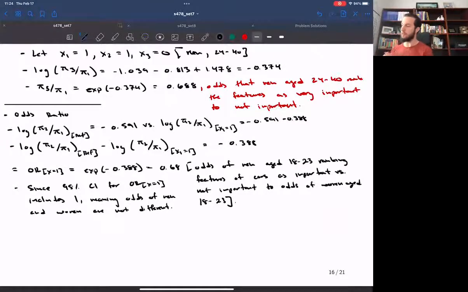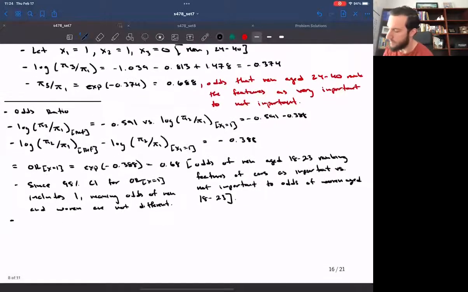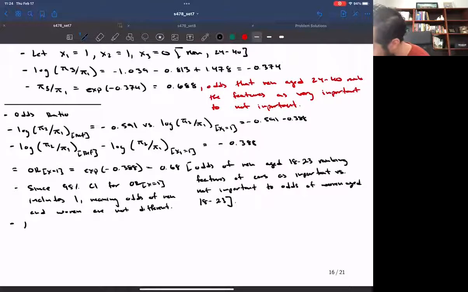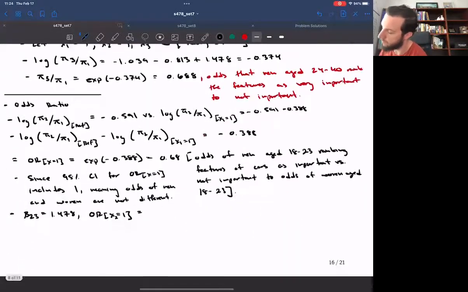And then similarly, just for illustrative purposes, let's suppose that we can do this for all of the different groups and every single coefficient is with respect to that reference level. So for example, let's say we took beta 2, 3. This is equal to 1.478. Then the odds ratio here is with respect to x2 equal to 1, which is equal to 4.38.